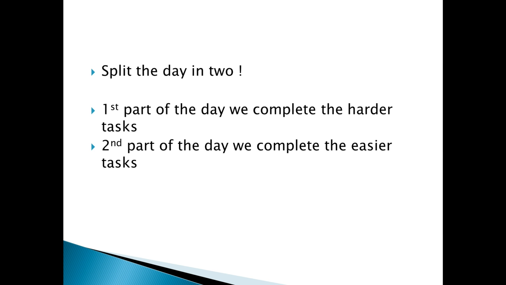So we write down on the to-do list for the first part of the day the harder tasks. In the second part of the day, we complete the easier tasks. So we write down inside the to-do list the easier tasks we have to do only on the second part of the day. Why this?